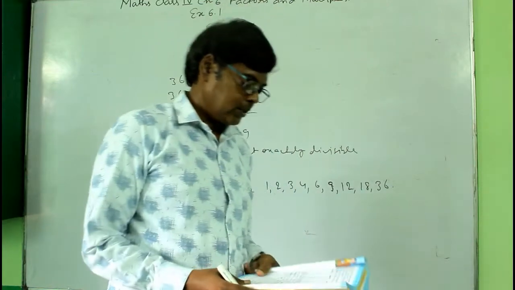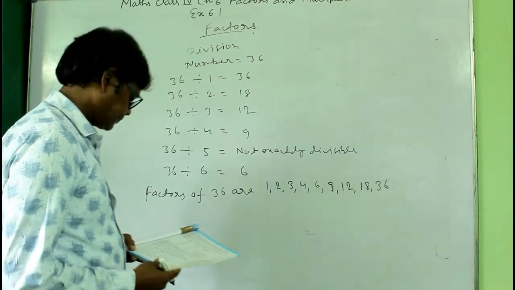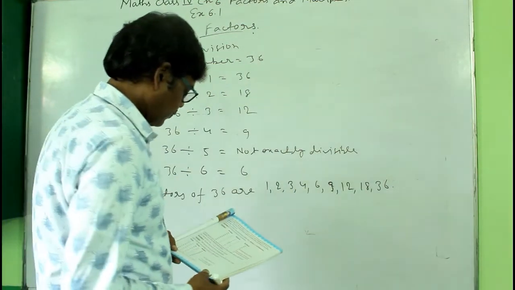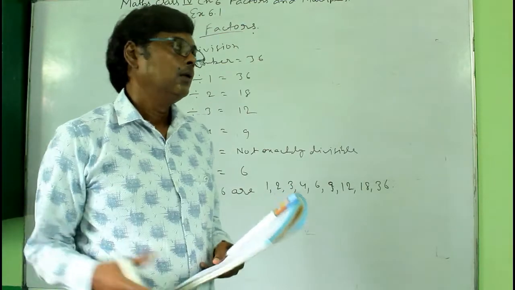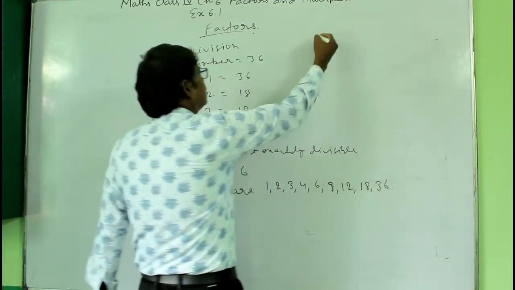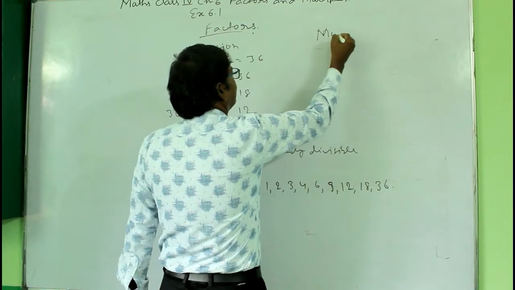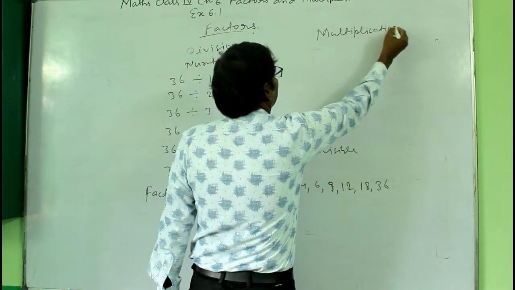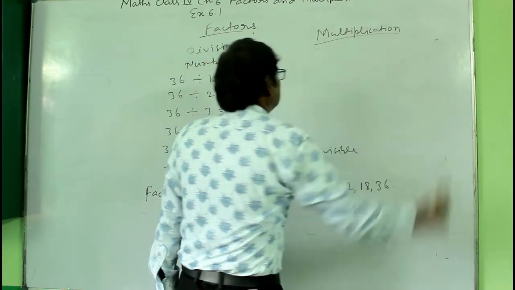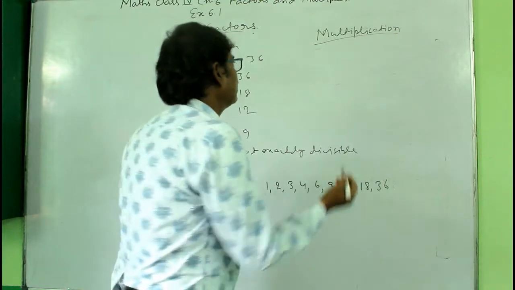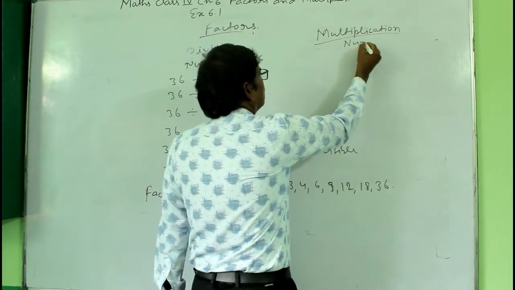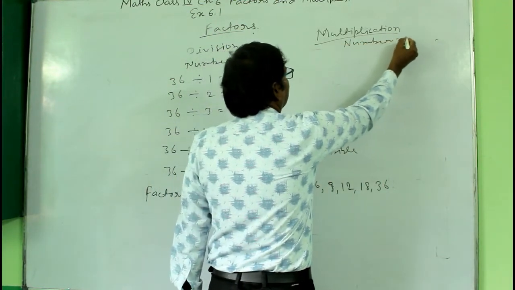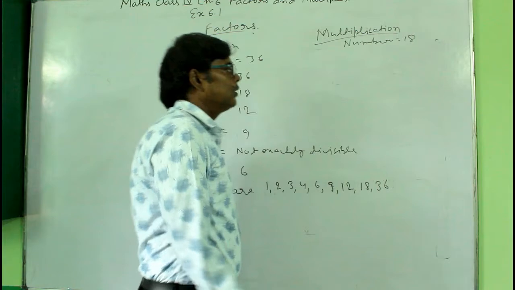And then you have the multiplication method. Find the factors of 18 by using the multiplication method. Suppose a number is 18, and we want to find the factors of 18.